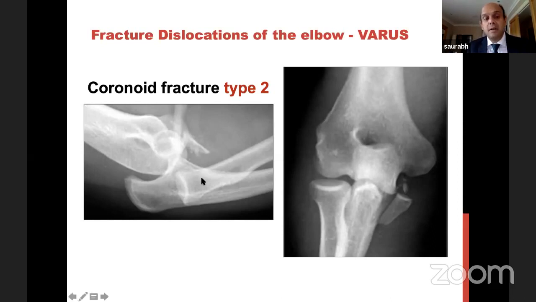And obviously now, when the elbow has completely come off, the medial ligament is attached to the anteromedial facet. So the medial ligament has pulled off the facet. So those are the two injuries. Third will be your capsule in the front, and fourth, radial head. In this case, it is intact. So you can call it a variant of terrible triad. So these are the four injuries: two ligaments, capsulocoronoid, and radial head.